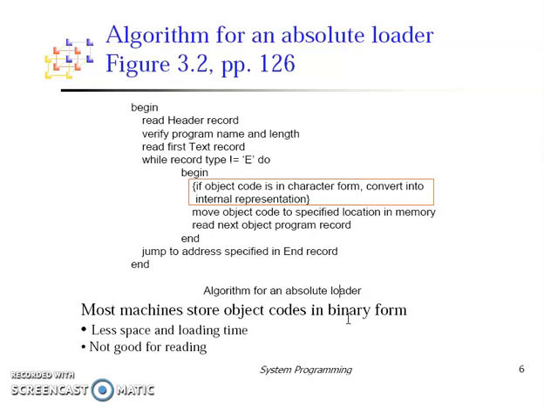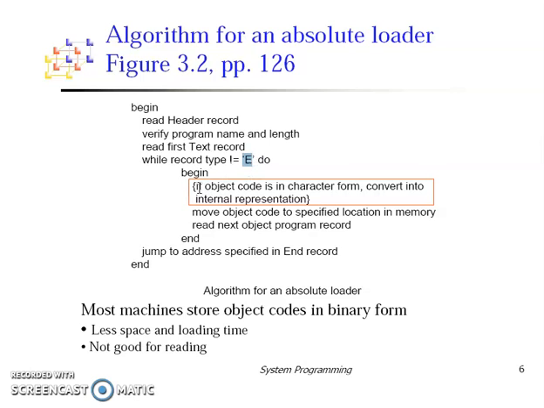The algorithm for the absolute loader is as follows. First, the header record is read, and it verifies the program name and the length. It reads the first text record, and if the record type is not equal to end record, do begin.